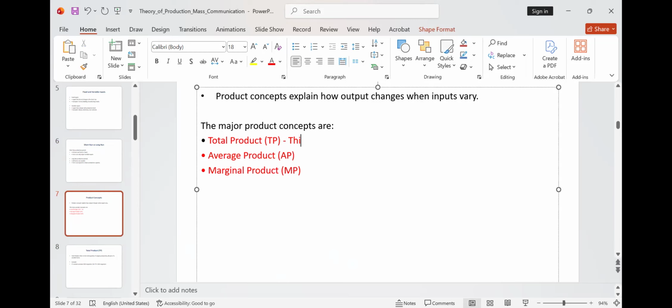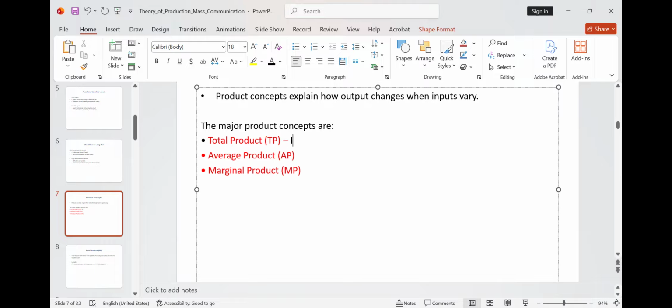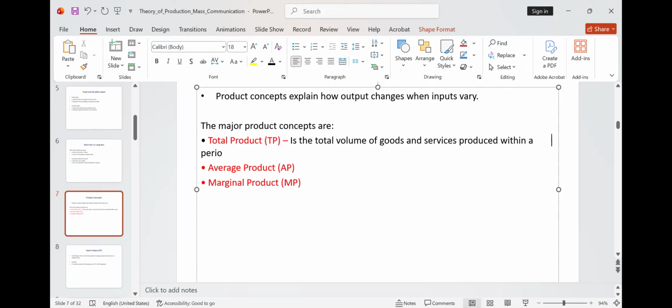Total product is the total volume of goods and services produced within a period of time, within a production period.